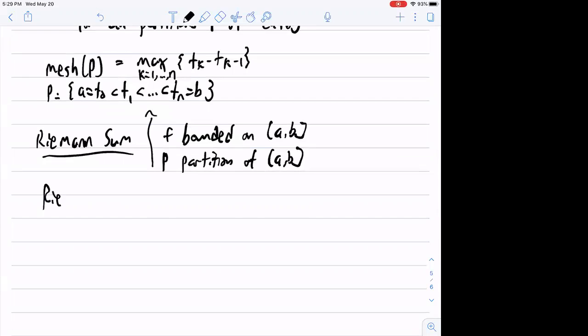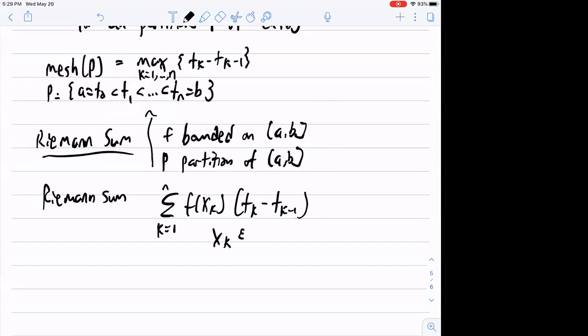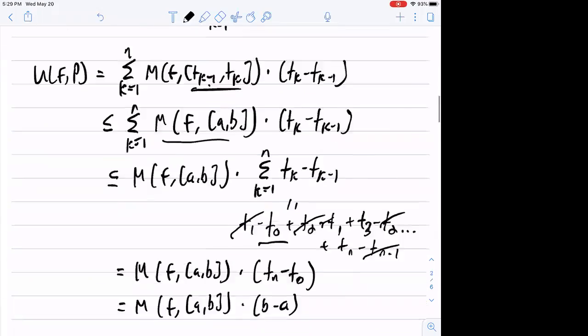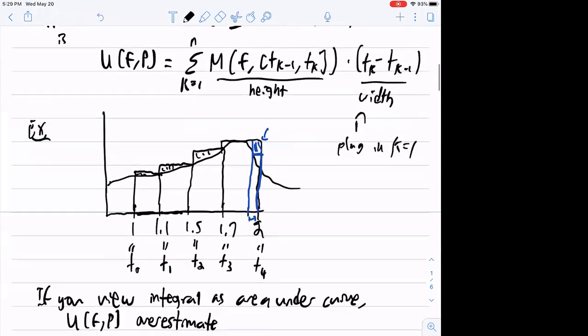Then the Riemann sum is given by the sum for K equals 1 to N of F of X K times T K minus T K minus 1, where X K is in the interval T K minus 1, T K. So before, remember, we took the sup. Riemann sum is just pick any point in the interval and evaluate F. So here we took the sup, but here it's just say pick any point, go here, and then that's your height.